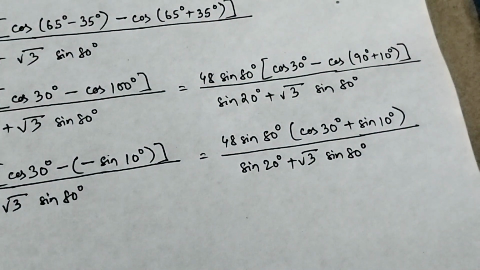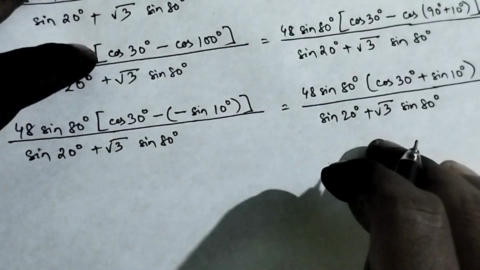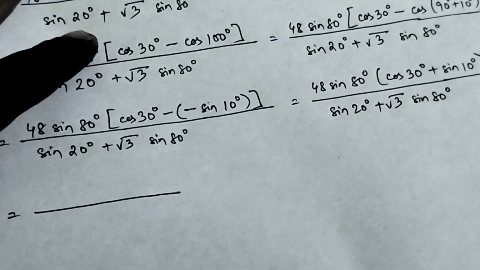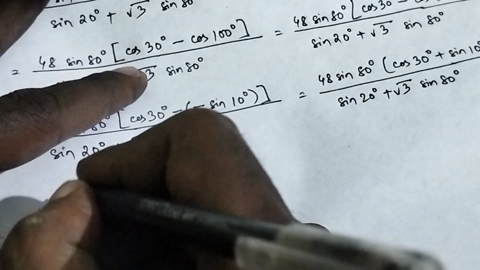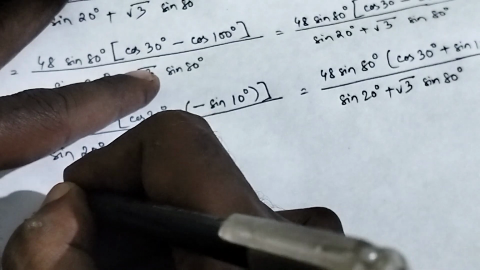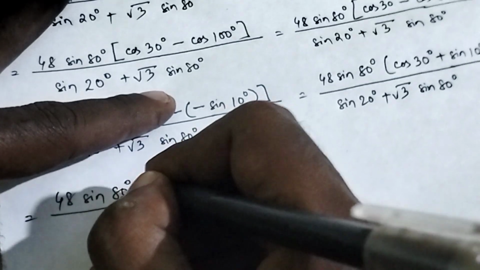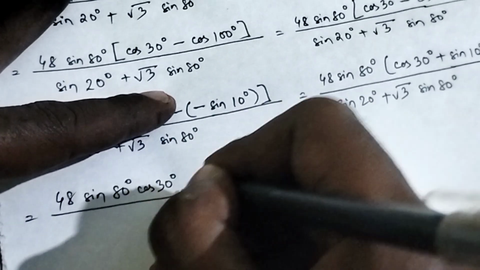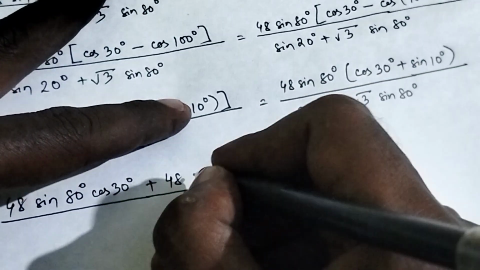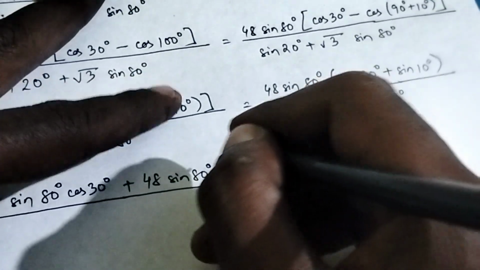So now it will be 48 sine 80 degree cos 30 degree plus 48 sine 80 degree sine 10 degree.